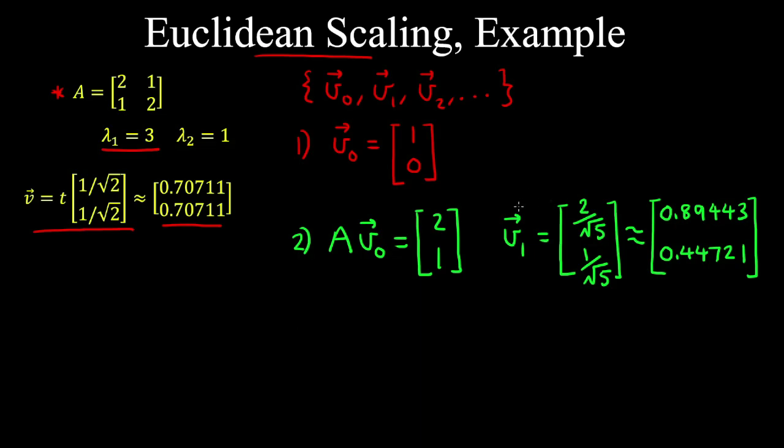And we'll continue to approximate the dominant eigenvector. So in step 3, we have A by V1. You can pause the video and do the calculation, and you'll get the following result.